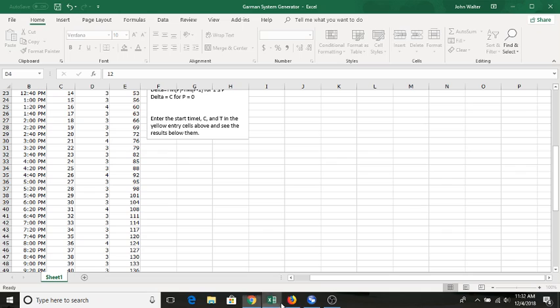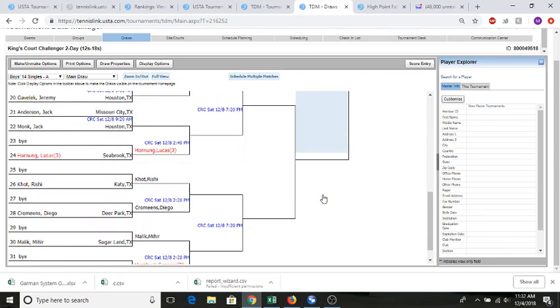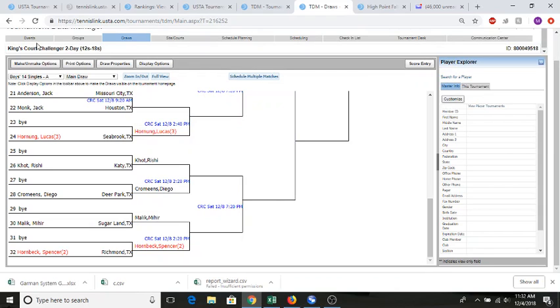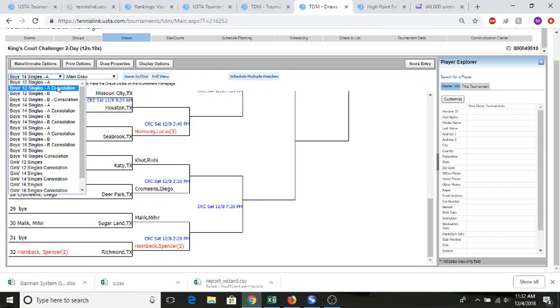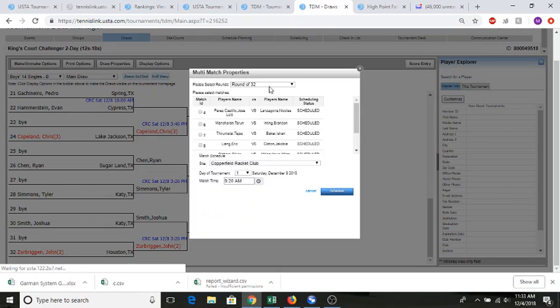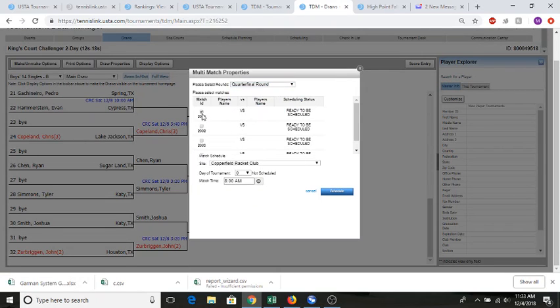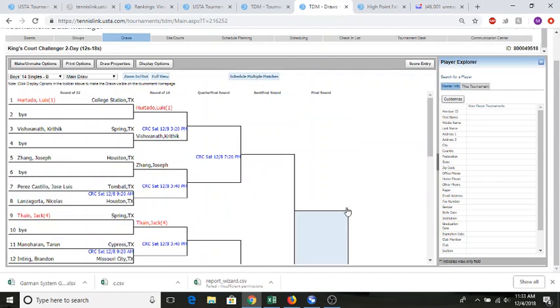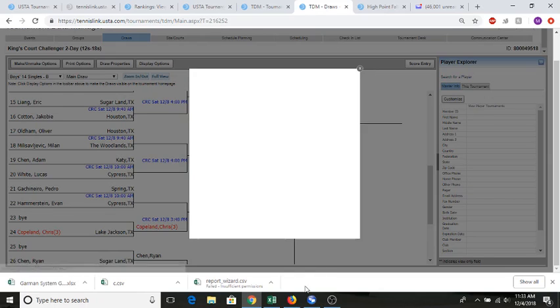All right, so I have one more match I can schedule at 7:20. I move on to my next draw, boys 14s B. And then I have three at 7:40.